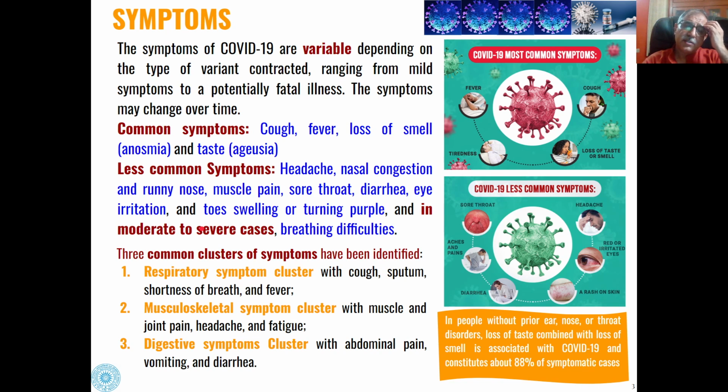As far as the symptoms of COVID-19 are concerned, we have experienced that these symptoms were very variable depending upon the type of variant which we contracted, ranging from mild symptoms to potentially fatal illness. The common symptoms observed during this disease were cough, fever, loss of smell or taste.